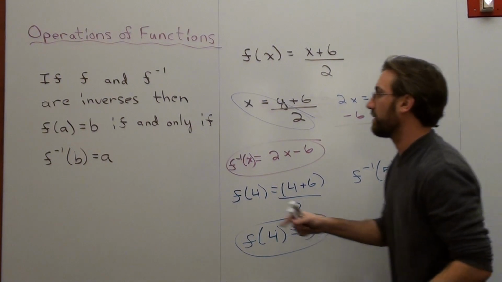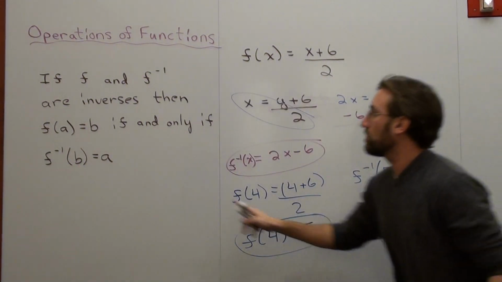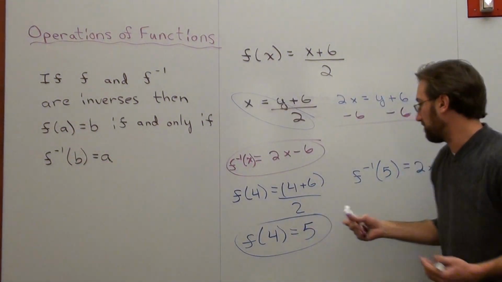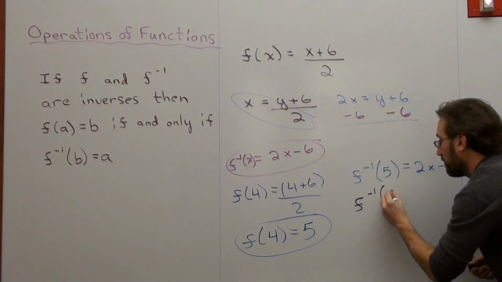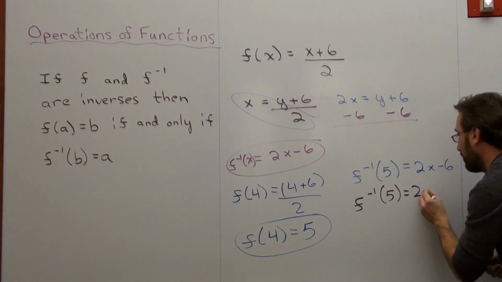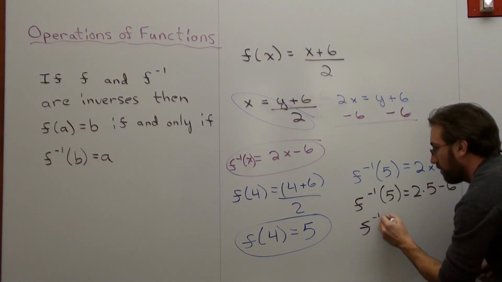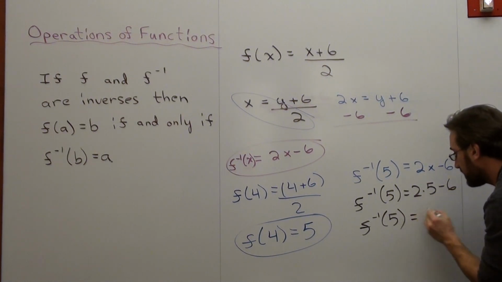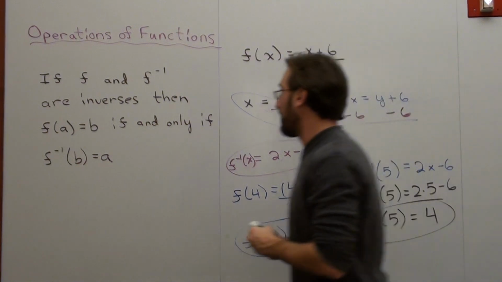Now what it's reading is the inverse of 5 should equal whatever the a value was. Well, the a value is 4. Let's find out. 2 times 5 is 10. 10 minus 6 equals 4. So that in fact does work.